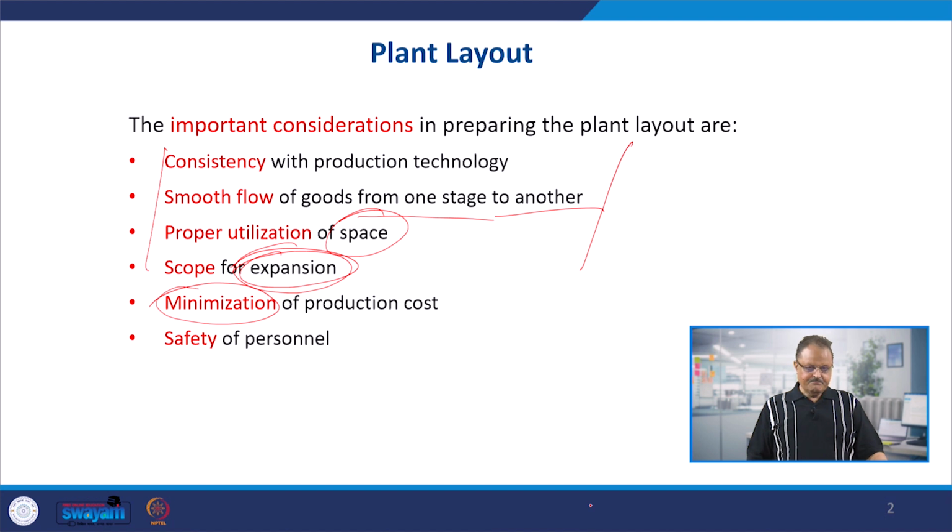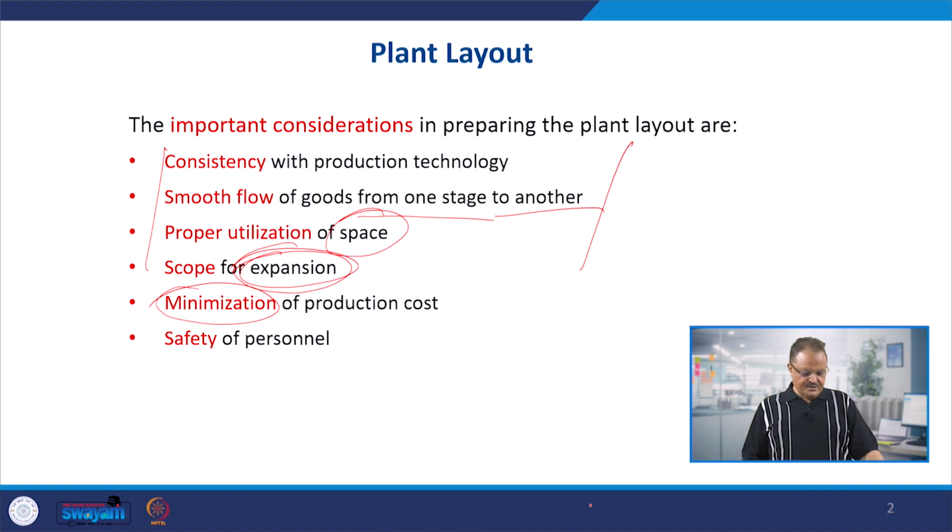Rent, shown as a cost in the profit and loss account or income statement, is a revenue expense, because overall it will be recovered from the total production and sales we are making in the market. So because of the increased rental cost, our revenue cost will increase, cost of production will increase, and as a result, the overall cost of production per unit of the product will also go up.